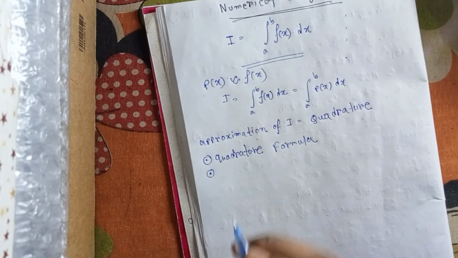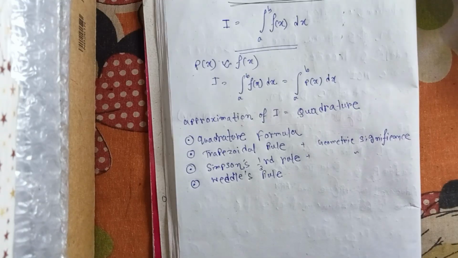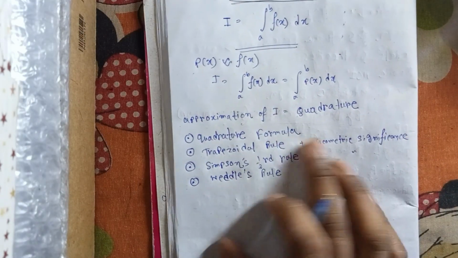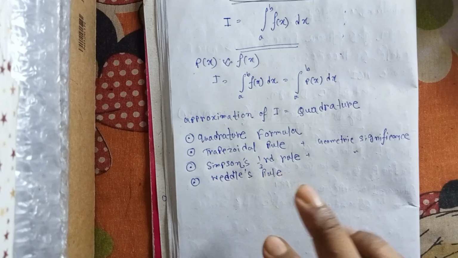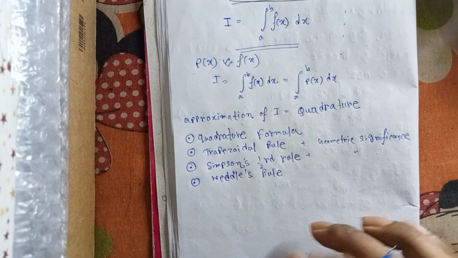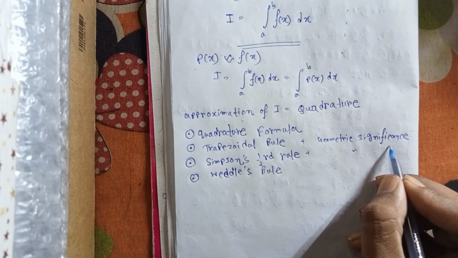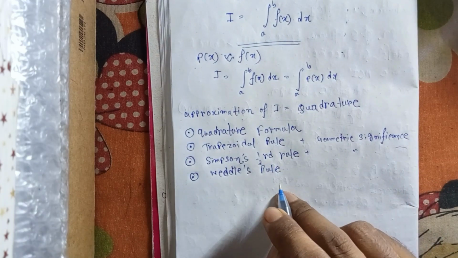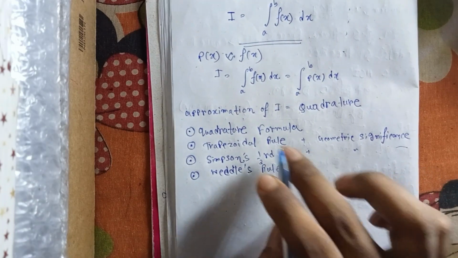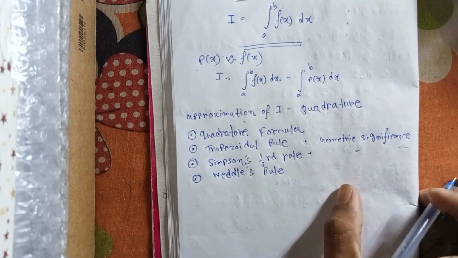The topics are the quadrature formula, trapezoidal rule, Simpson's 1/3 rule and Weddle's rule. We will discuss them in the easiest way possible, along with the geometrical significance and errors in each rule, the conditions related to each rule, and also the graphical analysis.